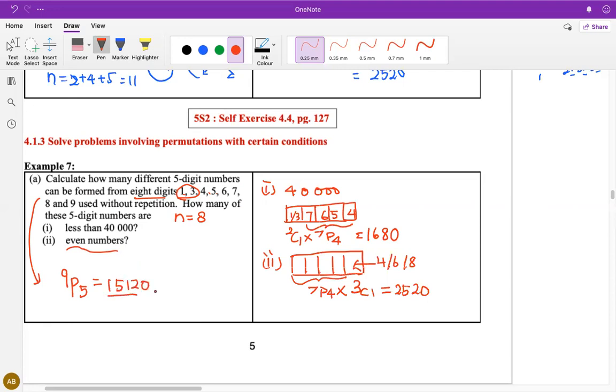This is also your maximum number you can get, so you can check whether your answer is correct or not. If your answer is less than 15120, maybe it's correct. But if your answer is more than 15120, it is of course incorrect.